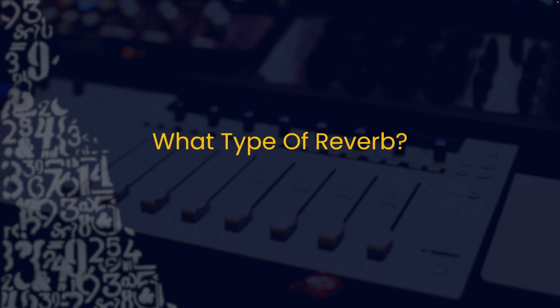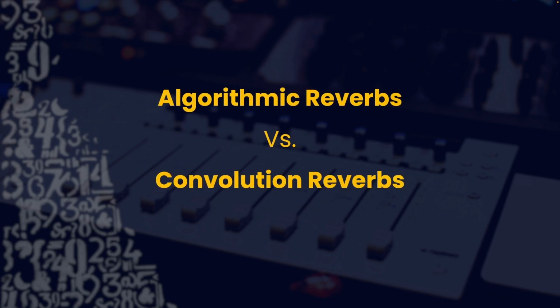There are two types of reverbs that exist in the DAW and plugins. And these are algorithmic versus convolution reverbs. So algorithmic reverb is essentially, as the name would imply, just an algorithm. It's taking in sound and then using an algorithm to produce some sort of reverb on the back end that is meant to loosely relate to a real life space.